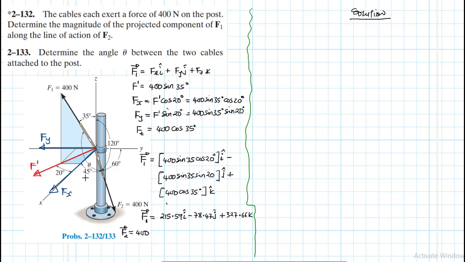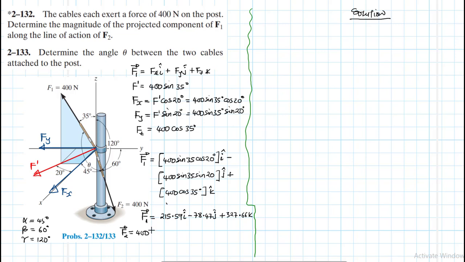Since we have these angles, let's say an angle with the x-axis, alpha, is equal to 45 degrees, an angle with the y-axis is 60 degrees, and the angle with the z-axis is 120. So these are the angles we want to use, and just use trigonometry, or directional cosines.